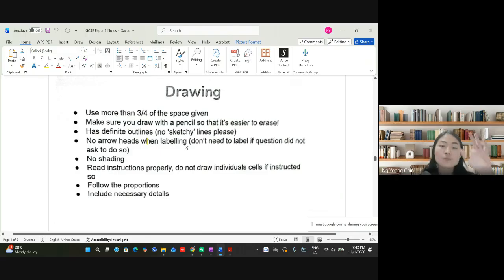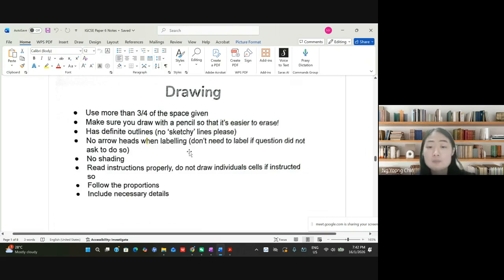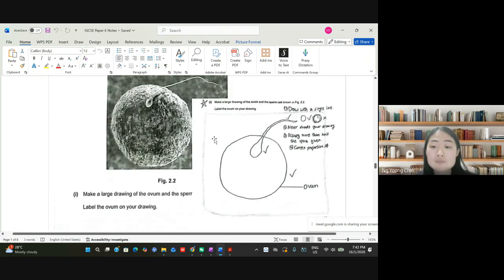Okay, when you do this kind of labeling, right? You shouldn't put the arrowhead. 不要放箭头啊，一个直线而已。Unless the question asks you to draw an arrowhead. But if they don't ask you to draw an arrowhead, they just ask for the label, so you just draw a simple line pointing to the image like this.